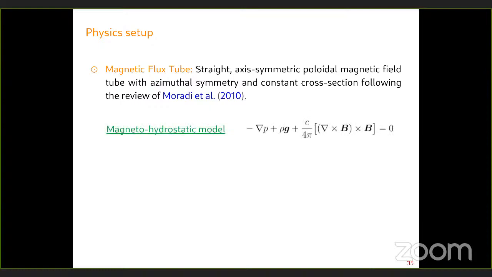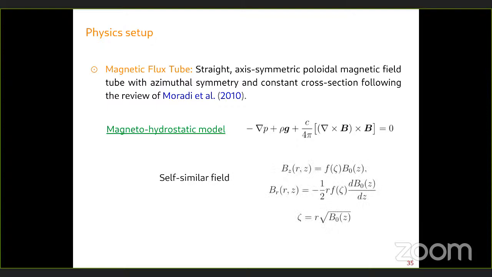Here, we consider the interior of the magnetic flux tube to be devoid of any acceleration terms, so we have a magnetohydrostatic model. In this model, we select a view of this magnetic field, horizontally and vertically speaking, as these functions, which are similar fields for the magnetic field.